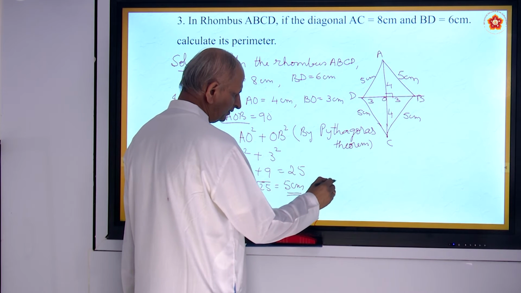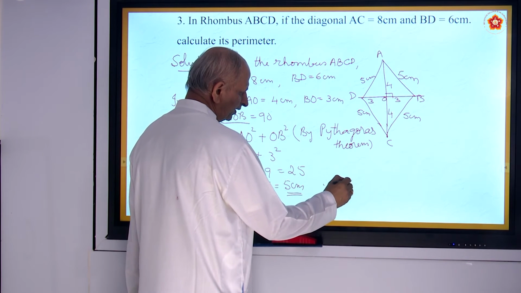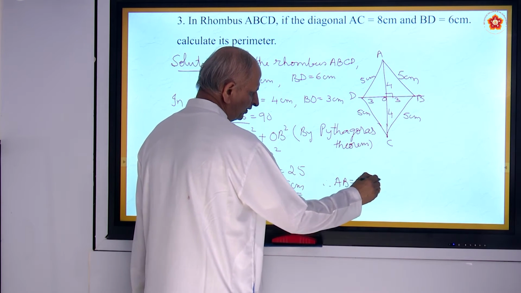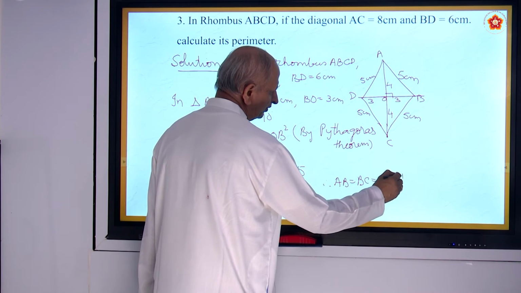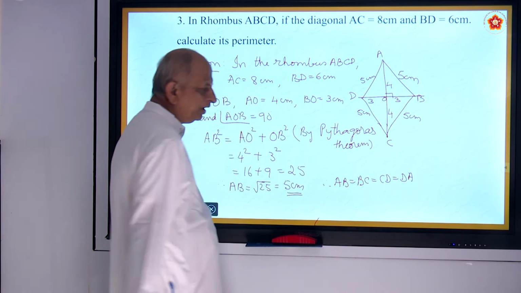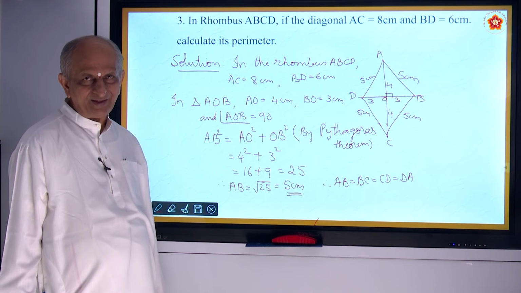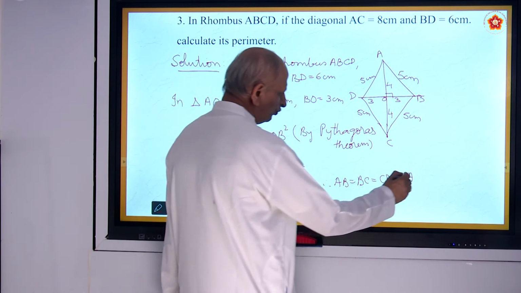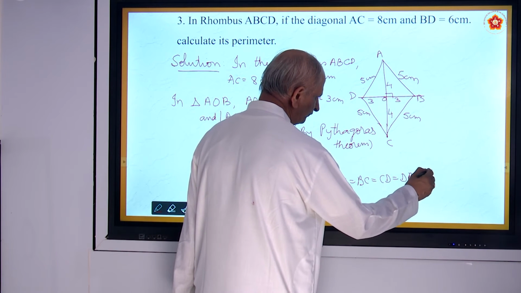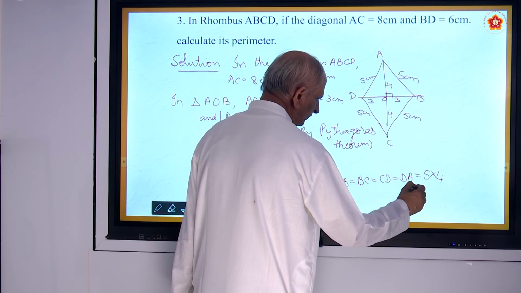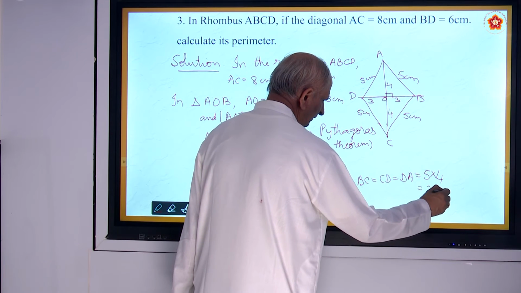So you can write AB is equal to BC is equal to CD is equal to DA. All the 4 sides are equal. And what is it equal to? 5 into 4. How much? 20. What do you call the sum of all the sides?